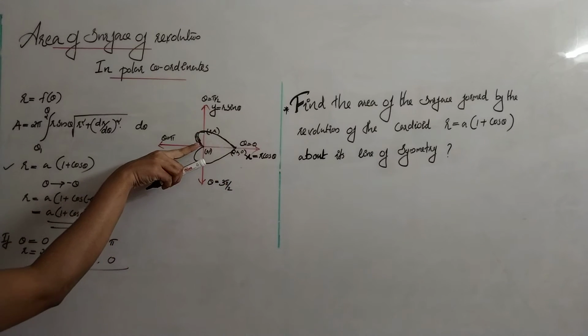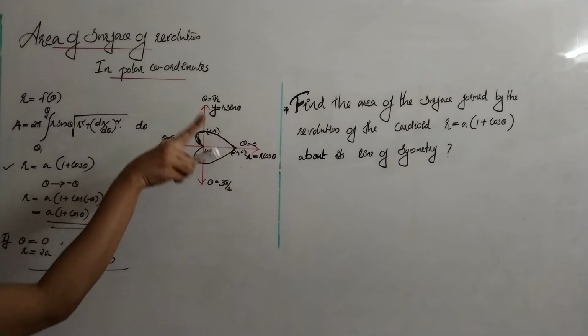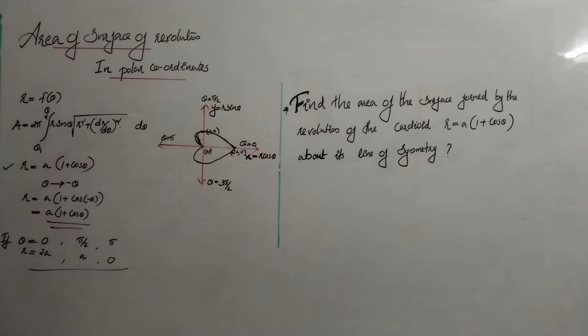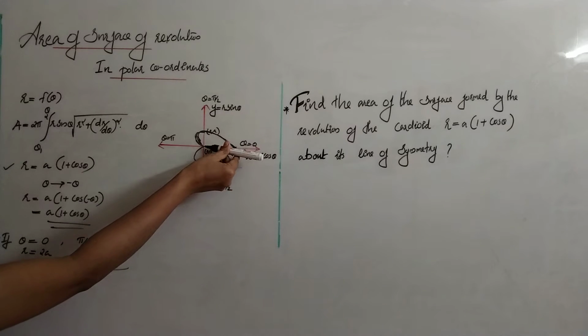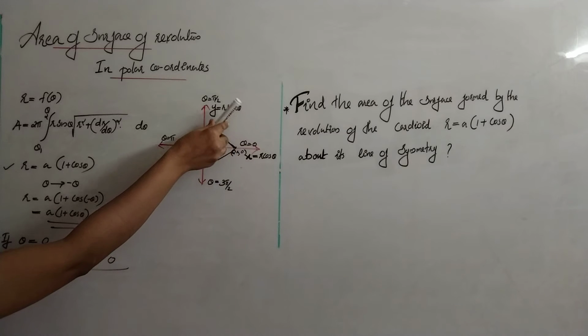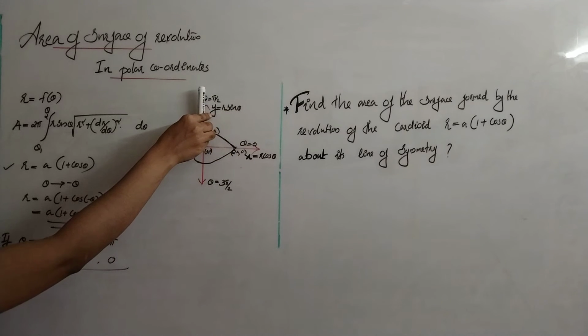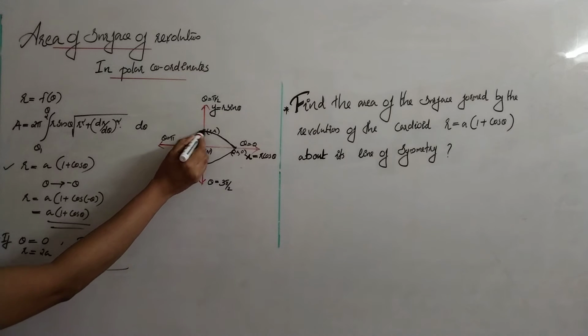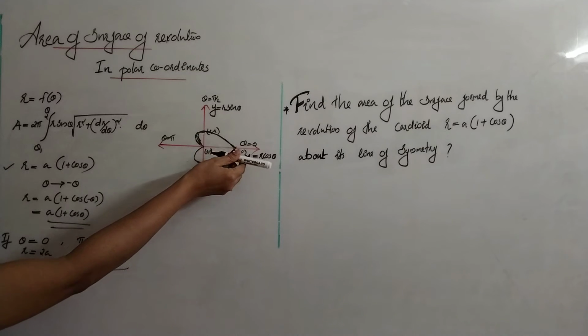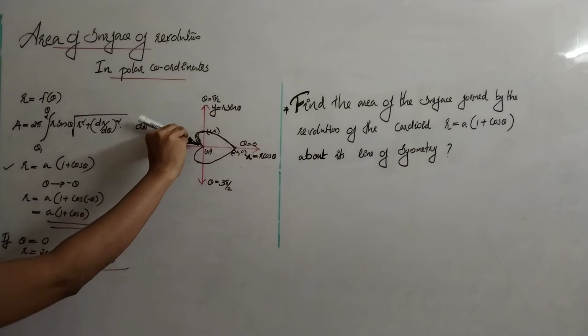And what about the limits? Here theta is 0 and theta is increasing, and here it is pi by 2 and here it is pi. So theta varies from 0 to pi.